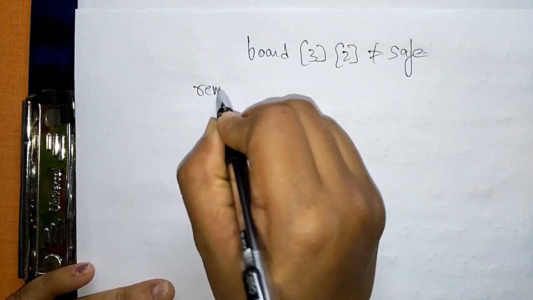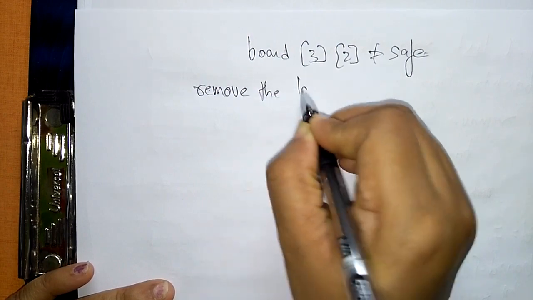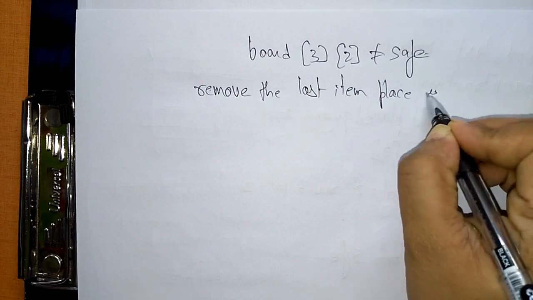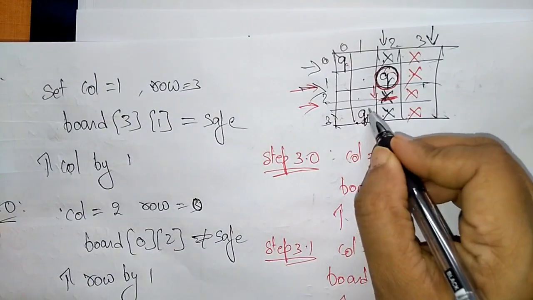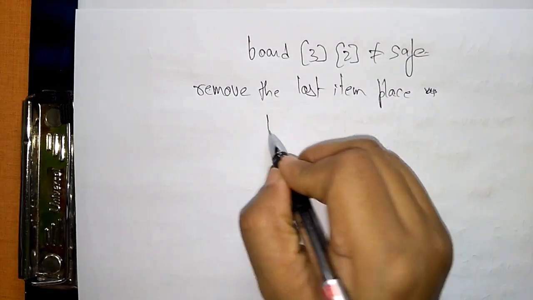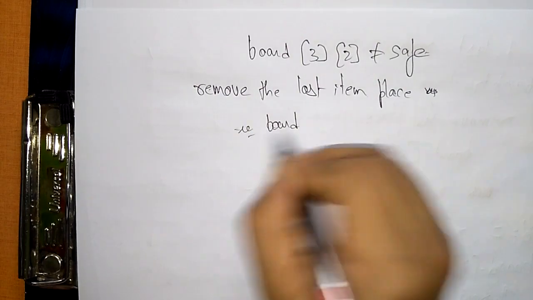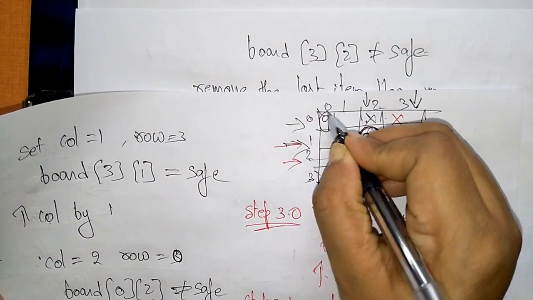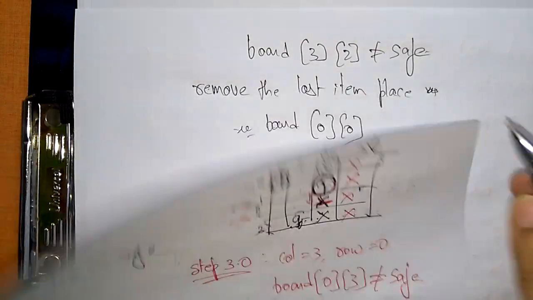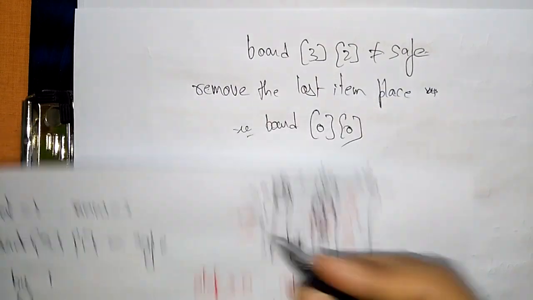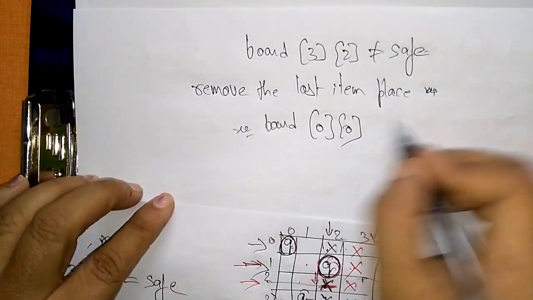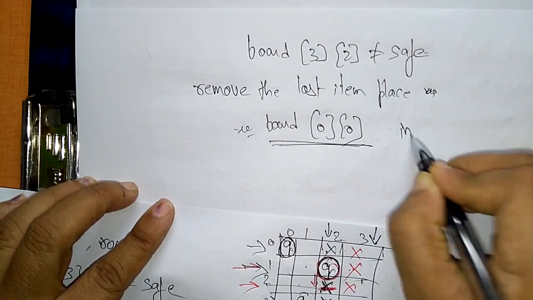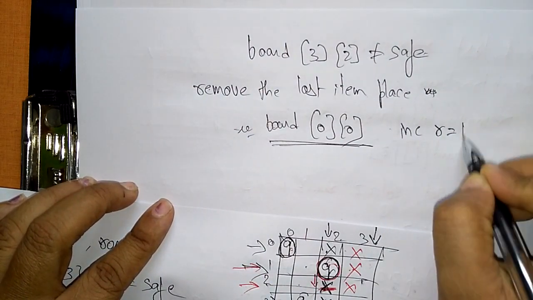Just remove the last item placed. The last item that is placed is the board of 0 0. Board of 0 0 means this Q has to be removed. After doing backtracking, when I remove this, I have to increment row by 1.